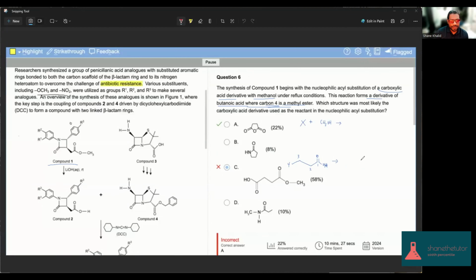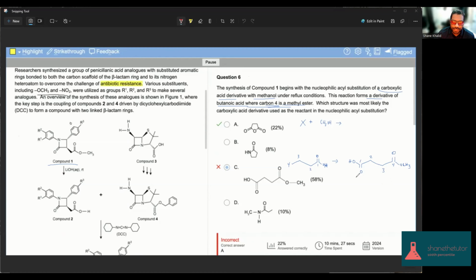So let's redraw that. I'll make it so that the carboxylic acid is on the left, like this. So this is 1, 2, 3, and 4, and this is where the methoxide will bind to. You see how the first carbon is where the carboxylic acid is, and the fourth carbon is where the new methyl ester is.